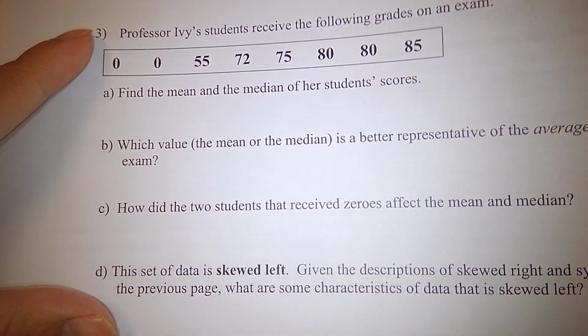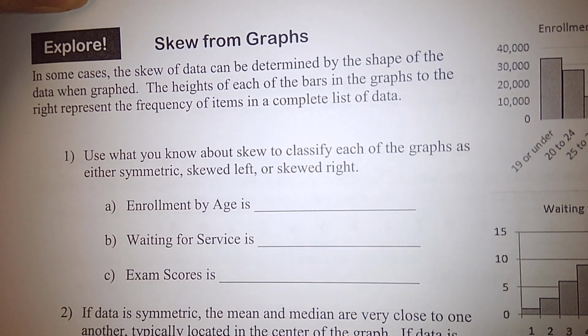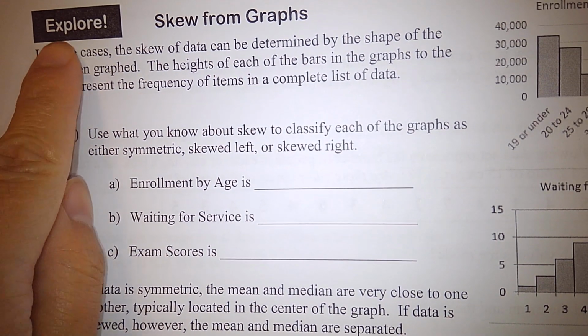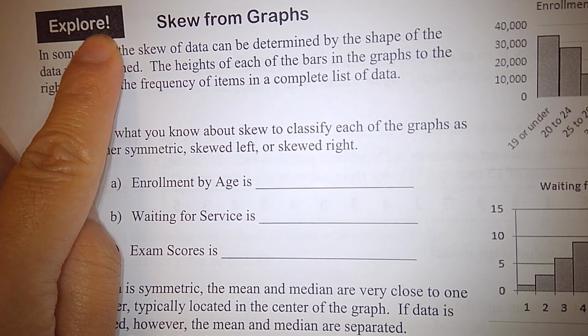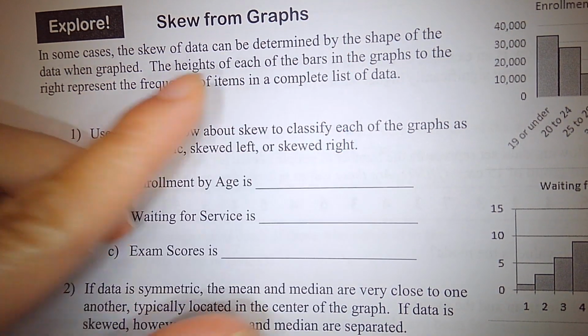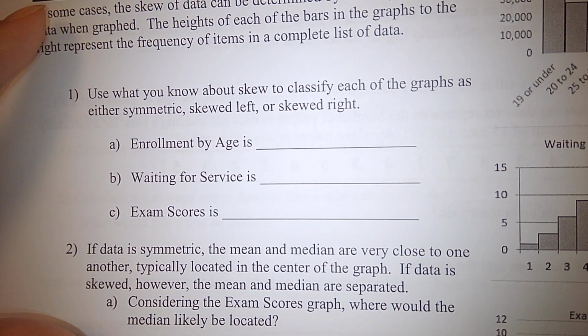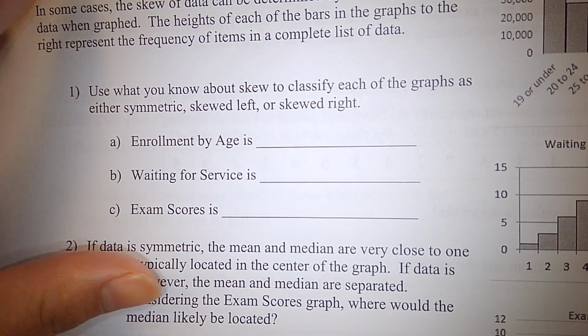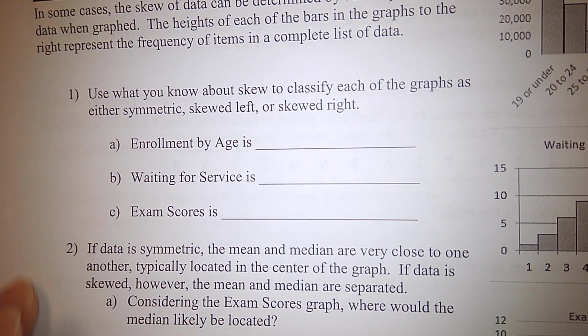Even if we have an explore part, which we've never done before, it's about skew from the graph, so we'll cover this one, and I will talk about this part. We'll do these questions together. So entire page 58, all right?